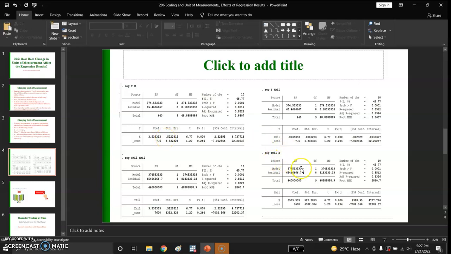In the fourth regression, we have regressed y in millions on advertising expenditure which is measured in billions, and in this case both the constant and the slope coefficient, as well as their standard errors, are 1000 times their corresponding values in the original regression. So you can compare these results in this one slide.